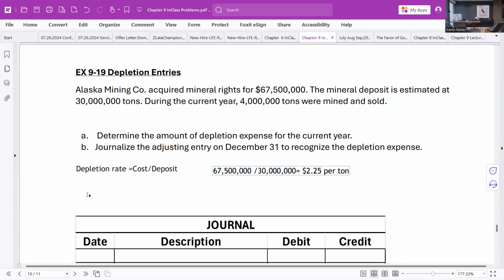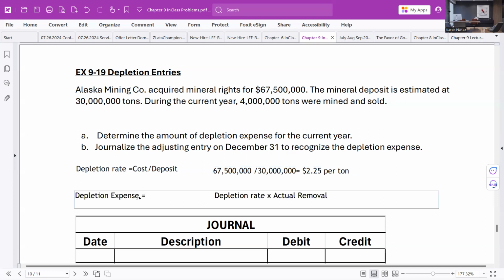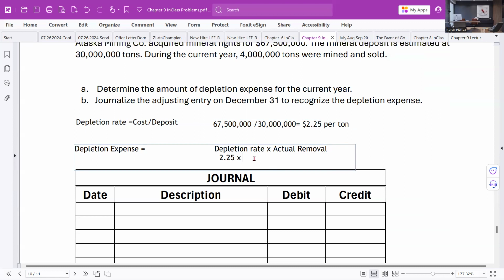2.25 per ton. And the depletion expense, well, if we want to know the depletion expense, then we need to take the depletion rate times what we've actually removed, right? And the rate is 2.25 a ton. And we know 4 million tons were mined and sold this year.